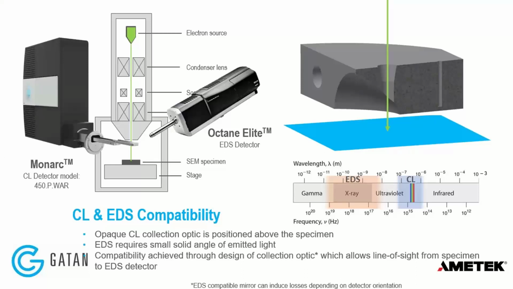So the electron beam passes through an aperture in the paraboloidal mirror, strikes the sample, and the light is coupled back into the CL detector. But there's also a cutout that allows the X-rays to reach the EDS detector. And so using these two techniques together, we get complementary information about the specimen.